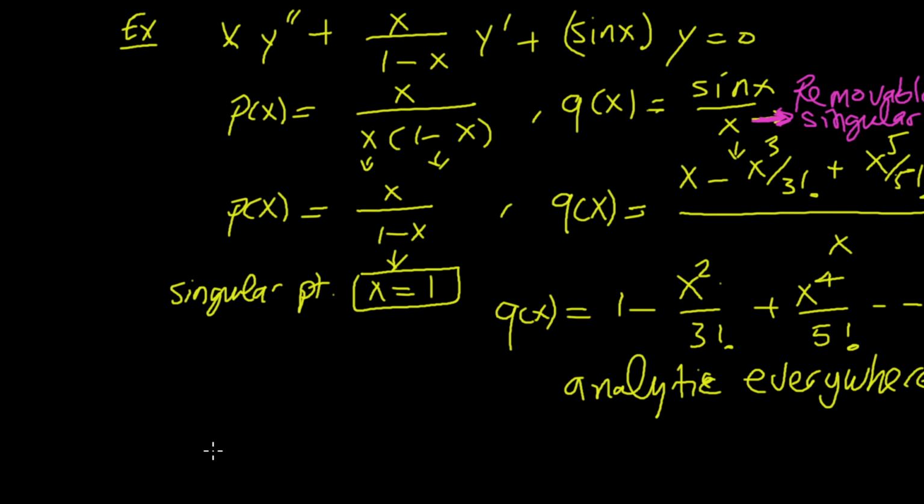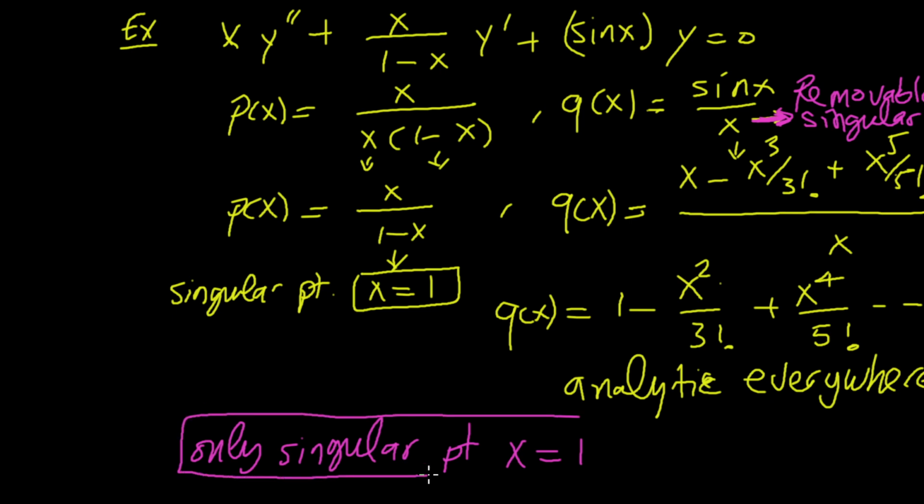So now the only singular point of this equation is x equal 1. Yeah, so this example gives you everything at once. Then the other examples you usually encounter may not have all these other details. So let's give you one to think about.